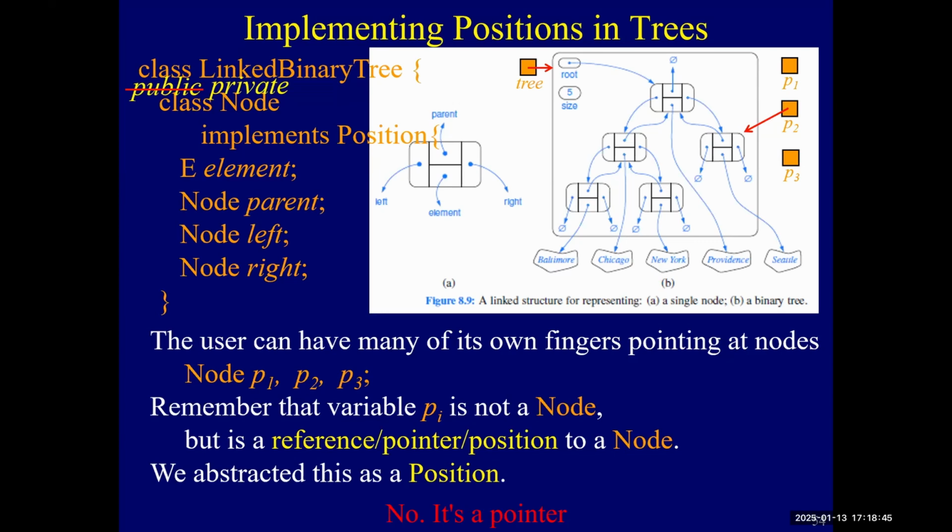No, it's a pointer to a node. Why? Because that's why it can be a position, because a position is not a node. A position is a pointer to a node. Why I hate Java. All right, so here, node is going to be a pointer to a node, which is in fact a position.